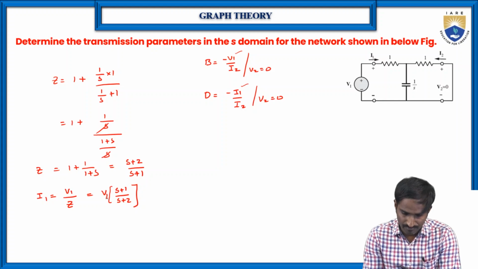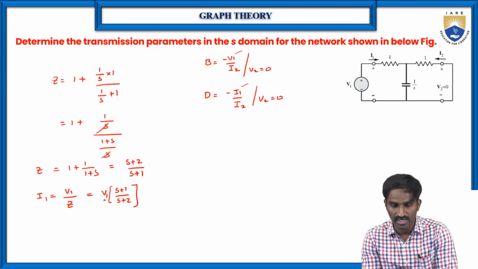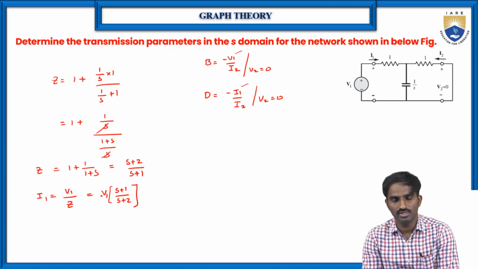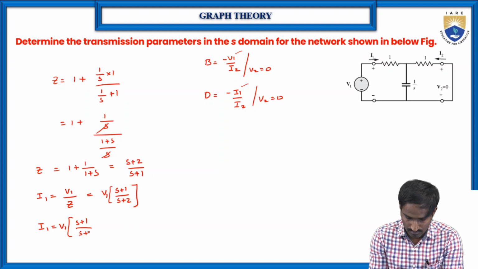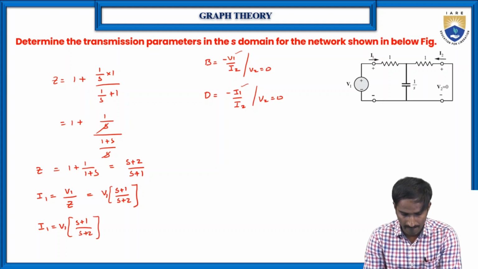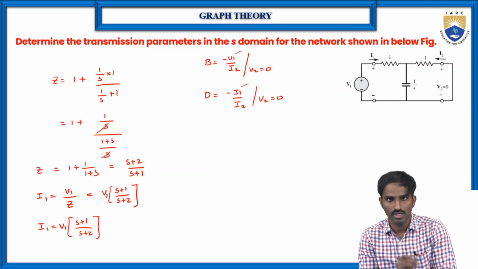So this is V1 and I1, but we don't know V1 and I2, so let me go with the other equation. Let me write this one: I1 is equal to V1 into S plus 1 by S plus 2. Right. Now we know the total current I1.